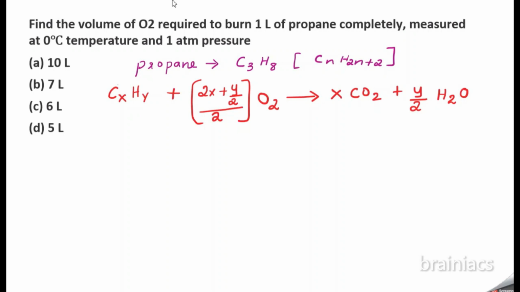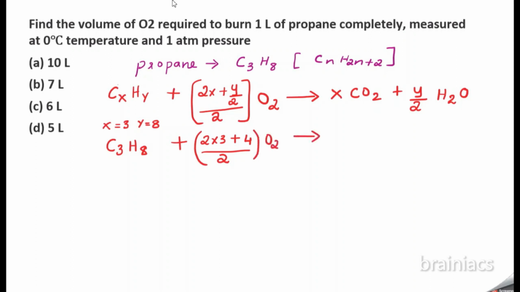So propane means here I can write C3H8, correct. So x is equal to 3 and y is equal to 8. Applying here: C3H8 plus (2 into 3 plus y/2, that is 8/2, that is 4), divided by 2, in bracket, O2.